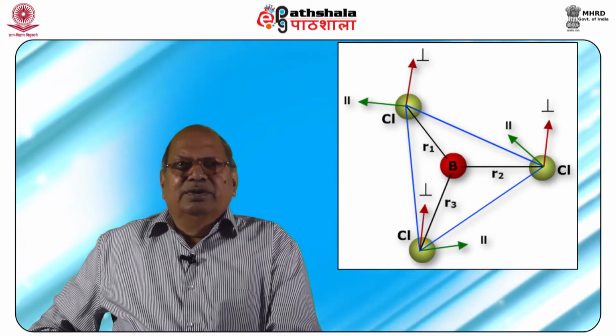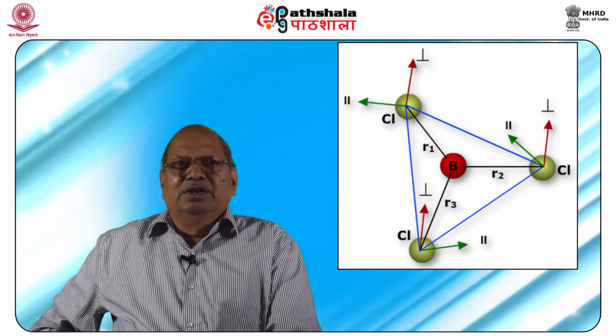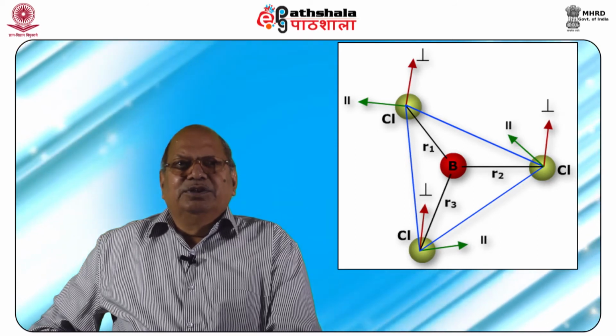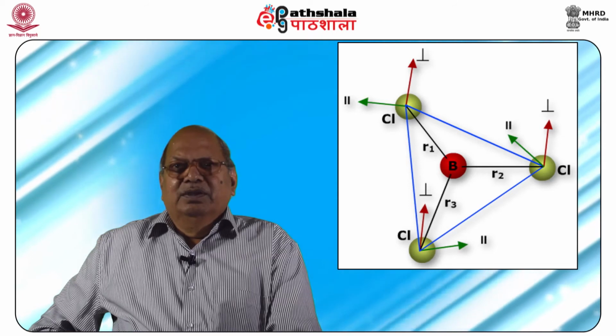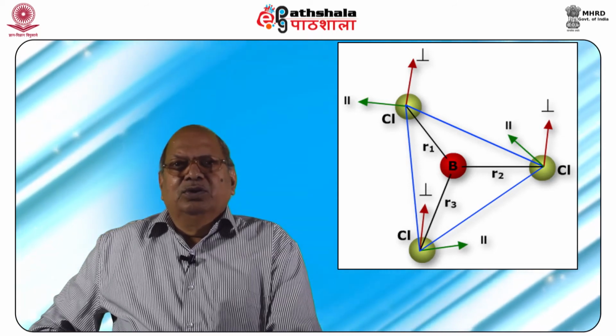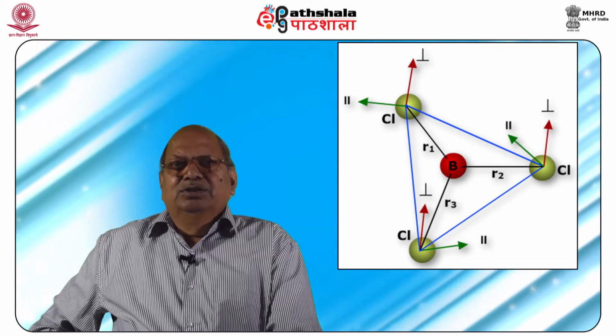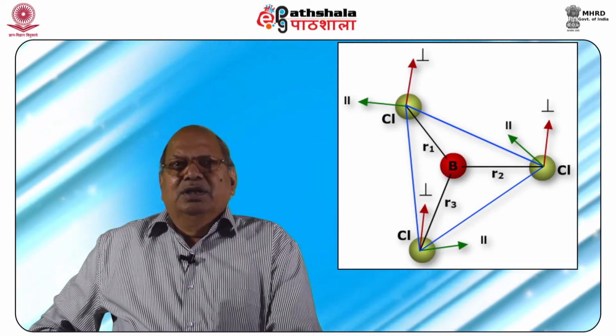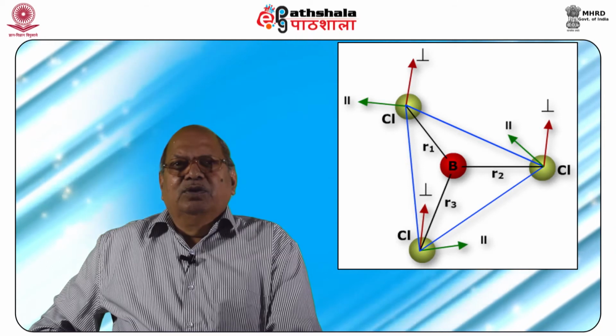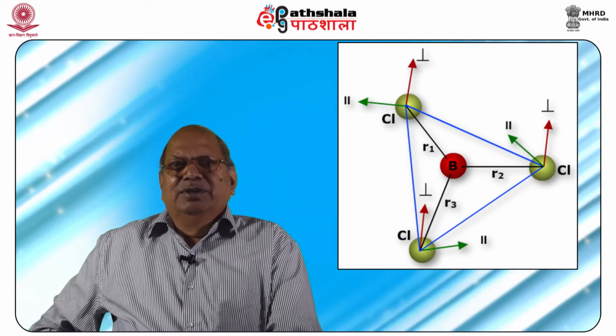As I told you earlier also, it is difficult to see the effect of symmetry operations on these 6 vectors on the boron atom. So, vectors on chlorines are considered, and these have been divided into 2 types, perpendicular and parallel pi bond vectors, and we will see now.